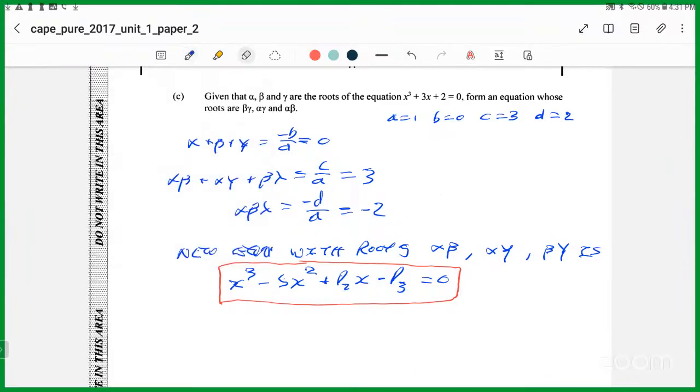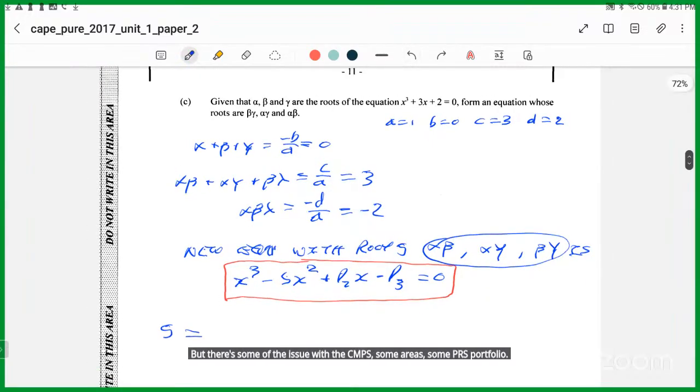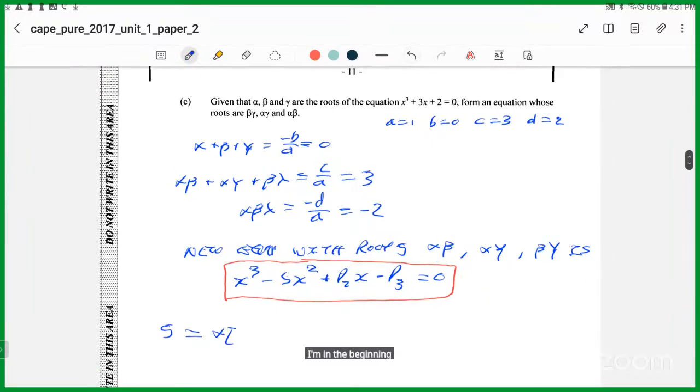So the s that we need down here is equal to the sum of these three roots, which is alpha beta plus alpha lambda plus beta lambda, and that's already equal to 3. So 3 is coming right here.